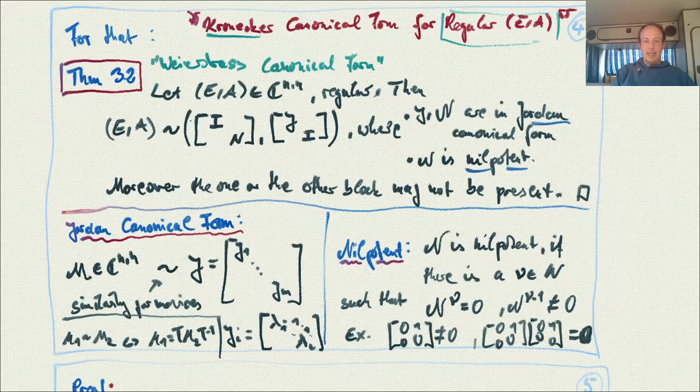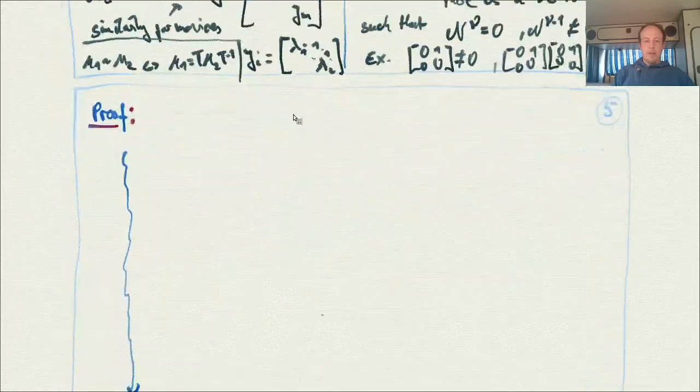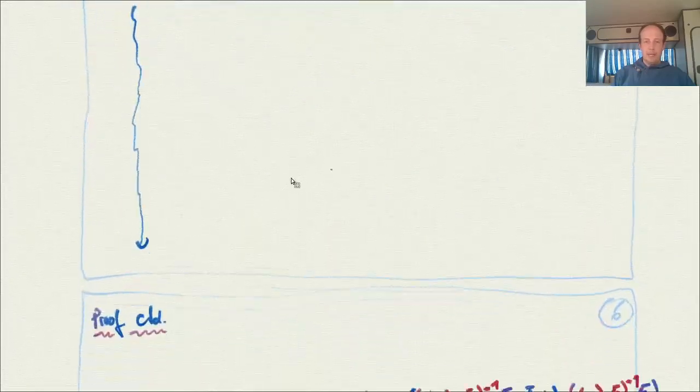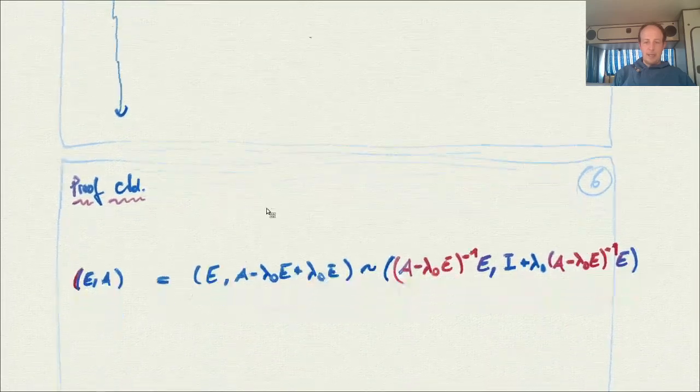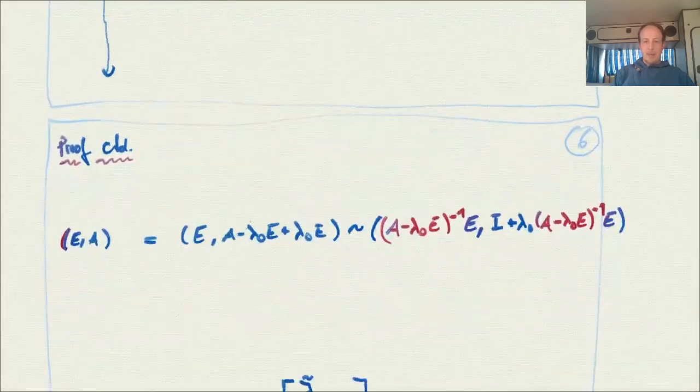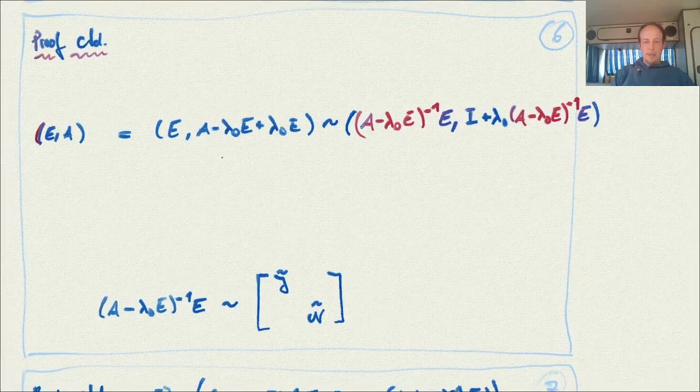Now we want to do the proof of that. We want to prove that for any regular square matrix pair E, A, we can find transformations so that they are similar to E, A in this form.